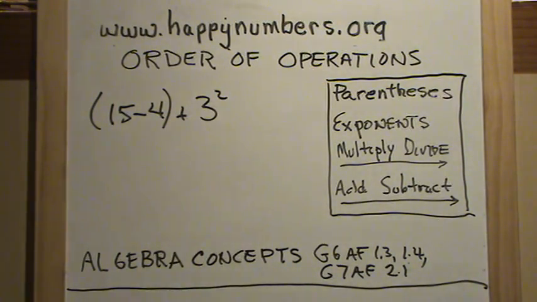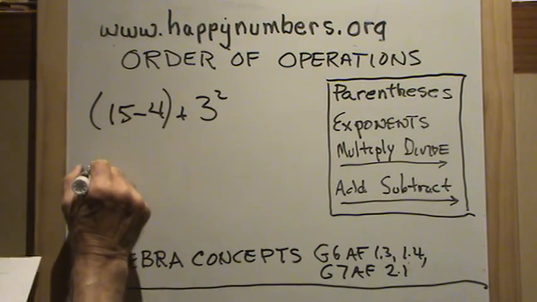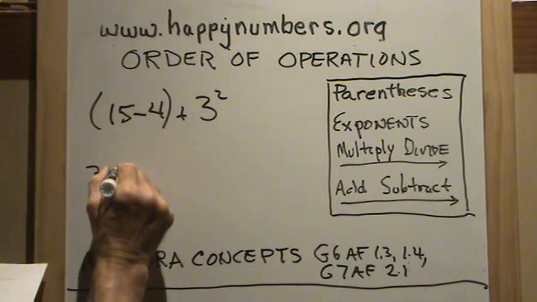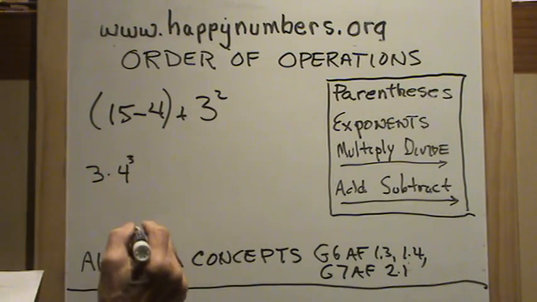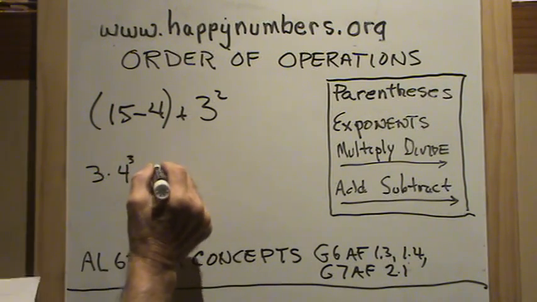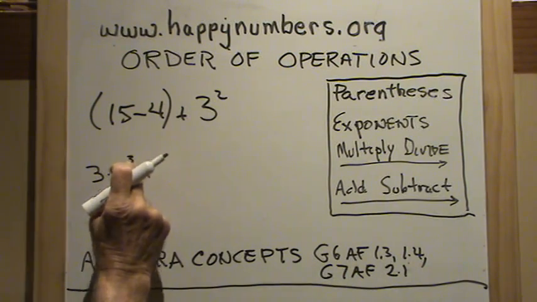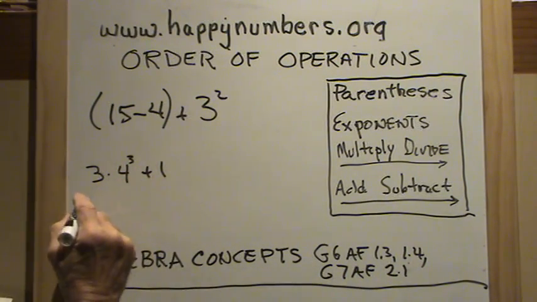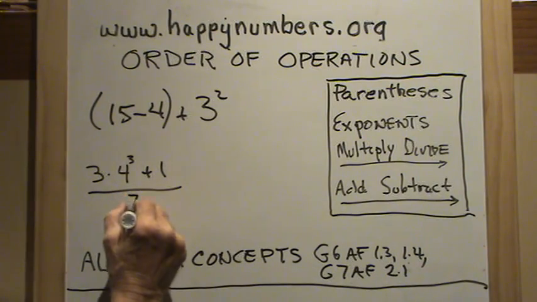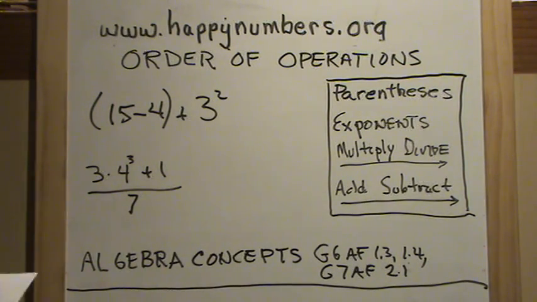We'll have you work that one, and we'll have you work this one. 3 times 4 to the third power plus 1 divided by 7. Okay, go ahead and put the video on pause and work those problems, and then let's see what we get.